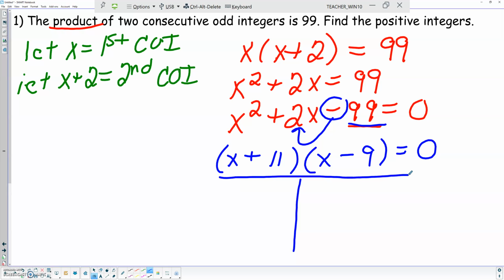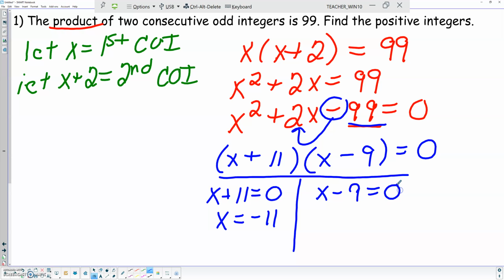So I'm going to make my t-chart, set each factor equal to 0. So we get x equals negative 11 and x equals positive 9. Okay, so again, a quadratic always has two solutions. In this question, it says find the positive integers.